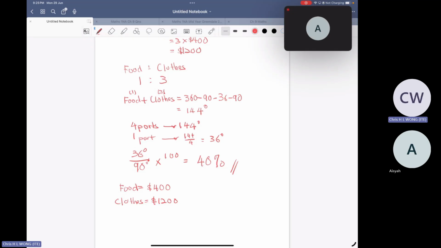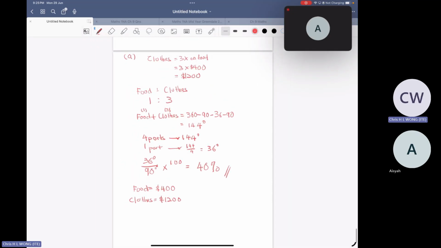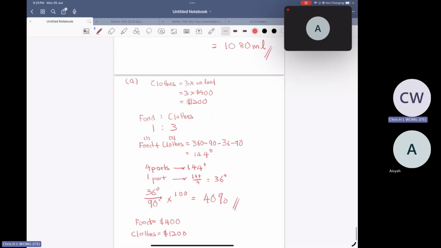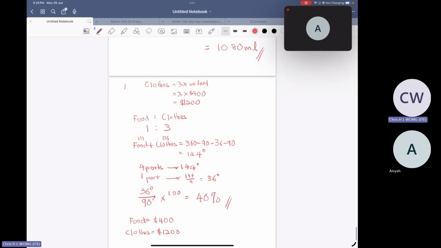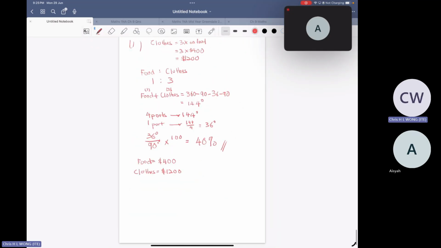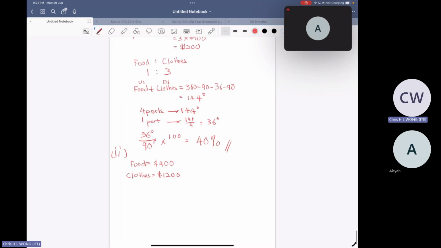But you know something already, right? You know that this is one. Now we are doing two. We need to find out how much is 90 degrees. But you already know food is how many degrees? 36 degrees, right?